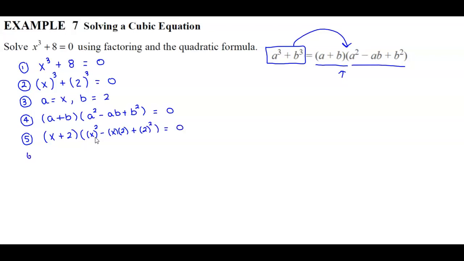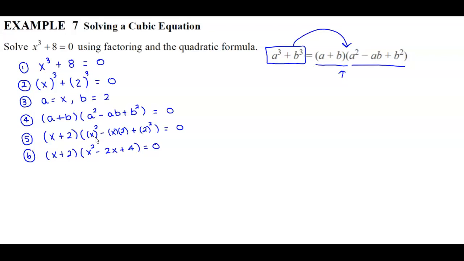Now we're going to simplify. So we have x plus 2 times x squared minus x times 2, which is 2x, plus 2 squared, which is 4, and that's equal to 0.